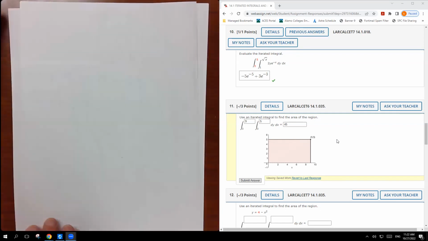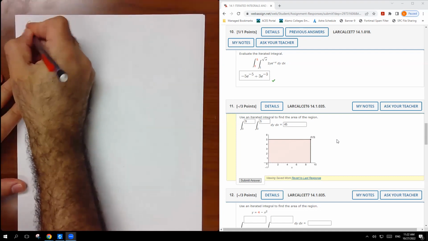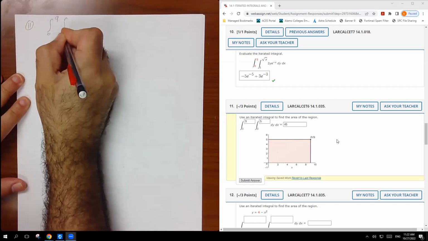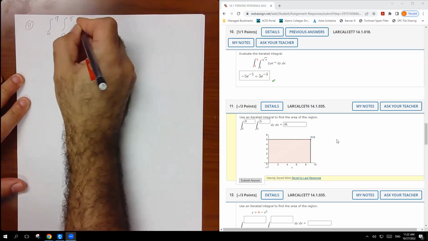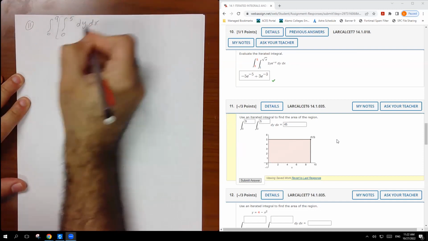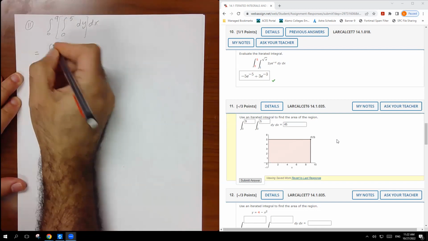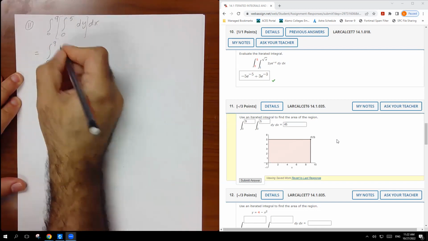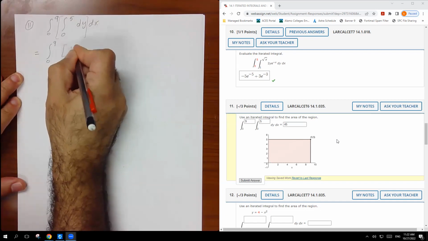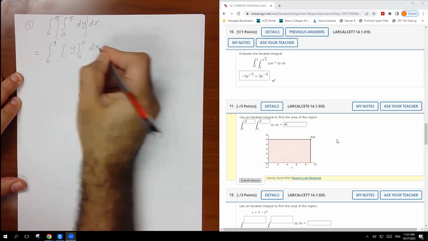So for 11, we're just going to do the integral from 0 to 9, and the integral from 0 to 5, dy dx. So I'm going to do the integral first with respect to y. So this one is going to be the integral from 0 to 9, and the integral of y is just y from 0 to 5, dx.